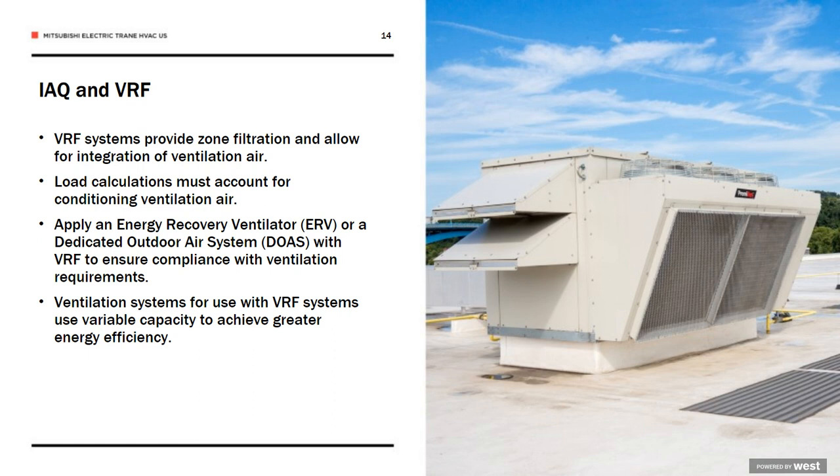So what we would recommend is you design a dedicated outside air system to, in essence, take care of all the fresh air that you need in the building. And we actually would recommend that you decouple them from the VRF system. So this DOAS, or dedicated outside air system, will handle the outside air load, while the VRF system will handle the internal loads like the people and the lights, as well as the transmission loads that go through the walls and windows.